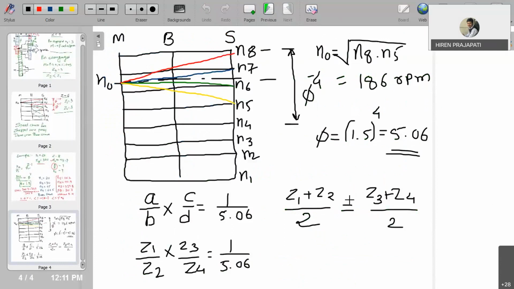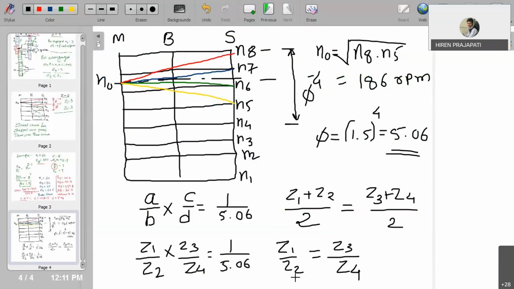So with that assumption we write this, and we have also assumed A by B is equal to, let me write here, Z1 by Z2 is equal to Z3 by Z4. Both are ideal, right? 5 raised to minus 2 and 5 raised to minus 2.